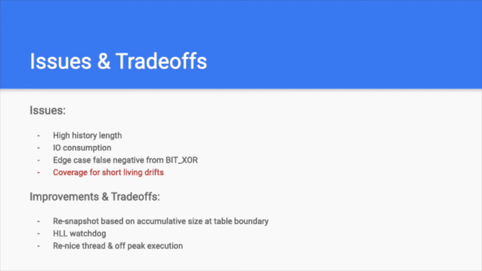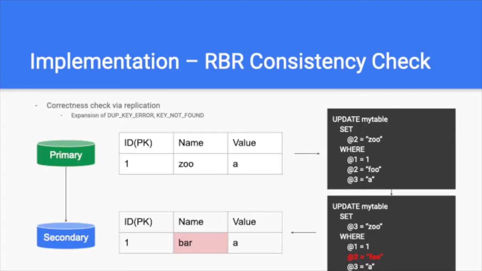So to fight against that issue, we also introduced a live consistency check as part of the replication, which utilizes row-based replication. DBAs might have hit this annoying issue in similar ways before, where your replication was broken with a duplicate key error or key not found when replicating RBR events.